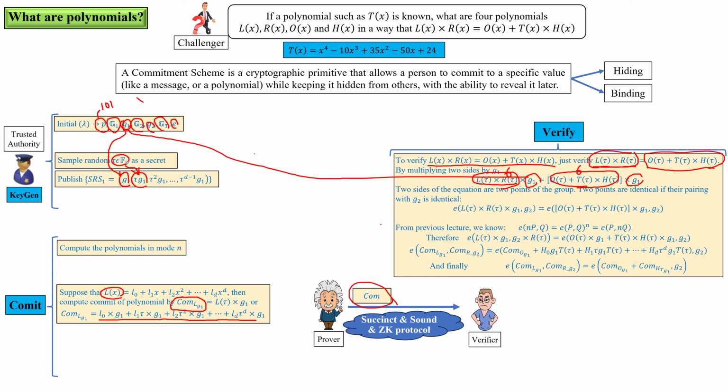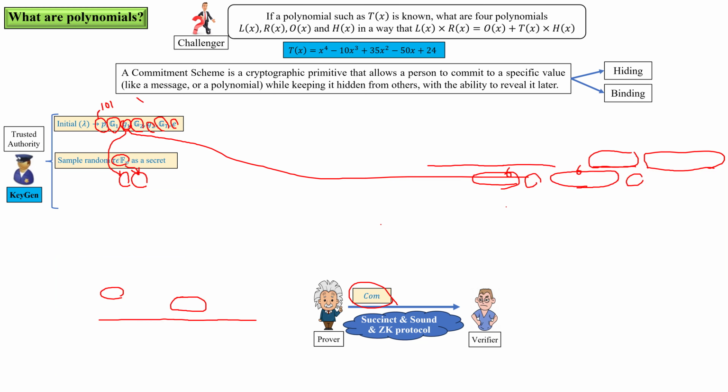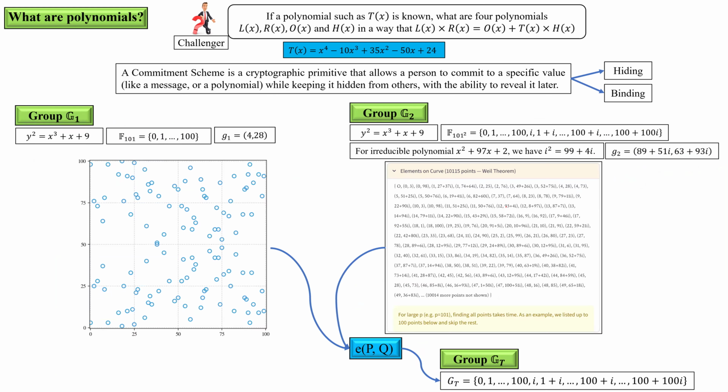So then here the algorithm says that when you have two elements from group G1, you can compute the pairing of these two elements with an element from G2, right? So let's go back to the concept of pairing.